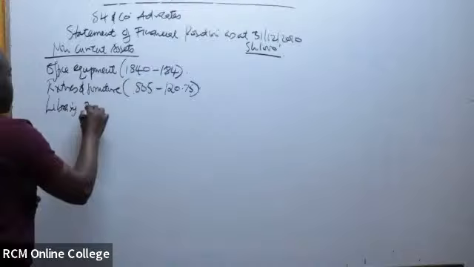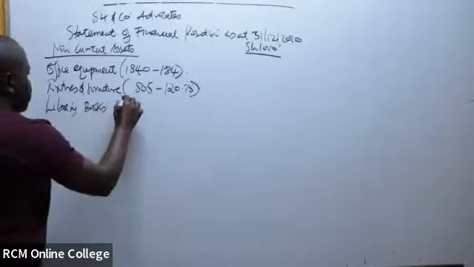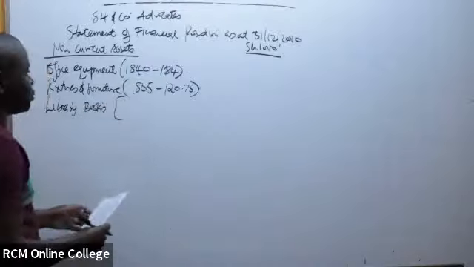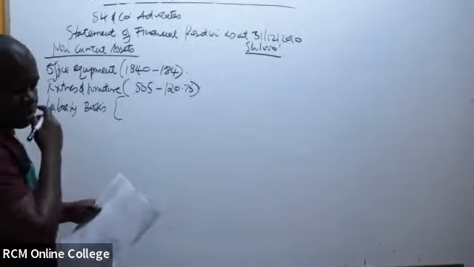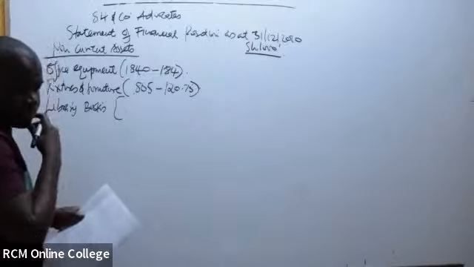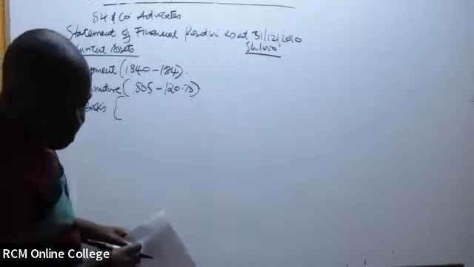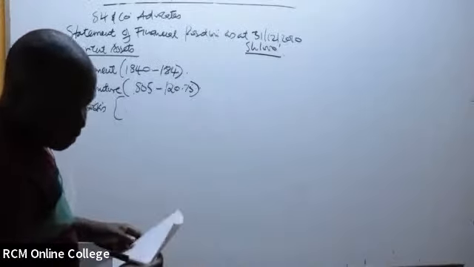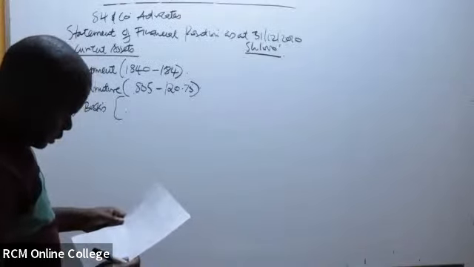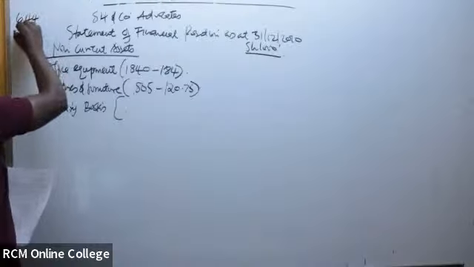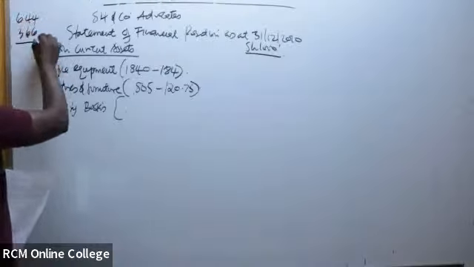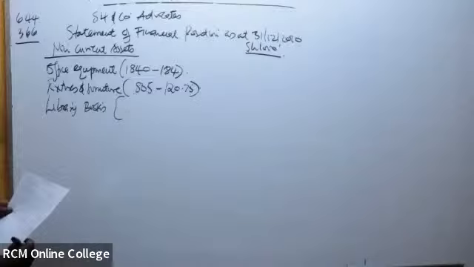Then also we have library books. Of course we had 644, and there are those that were bought, 366, which came to 1 million. Was it 1 million, or how much? So let me check. 644 plus 366.